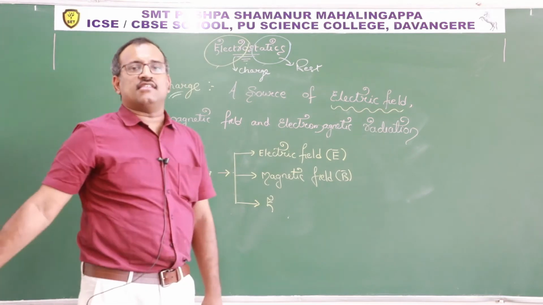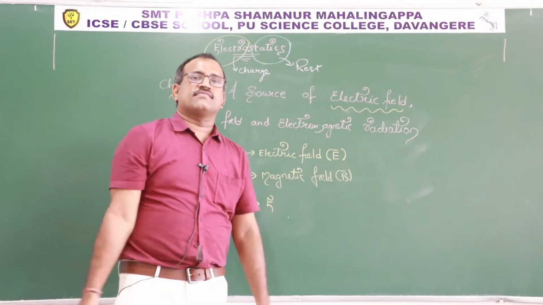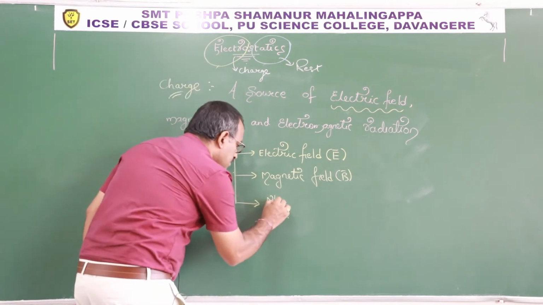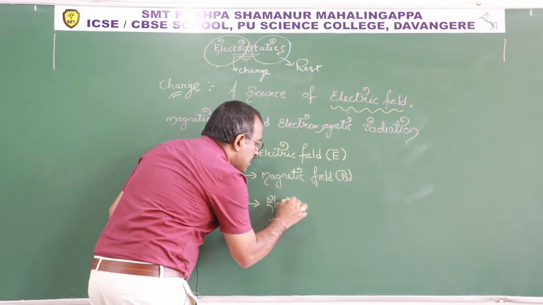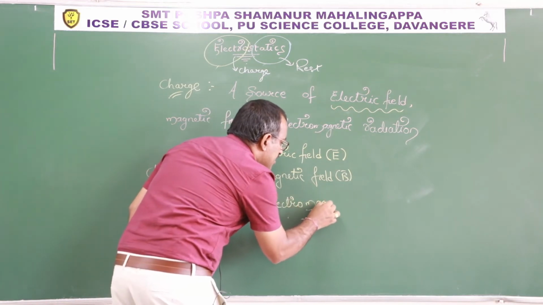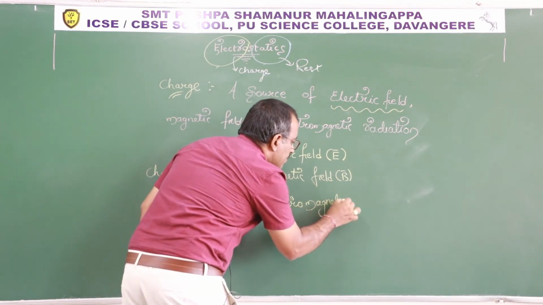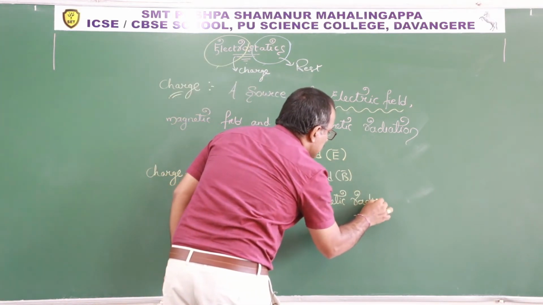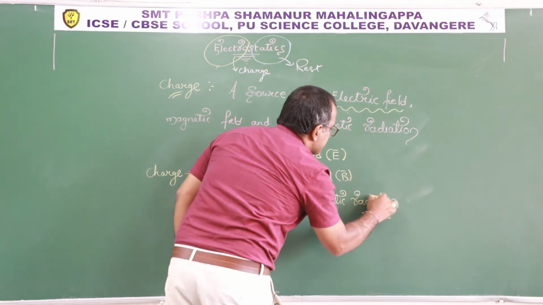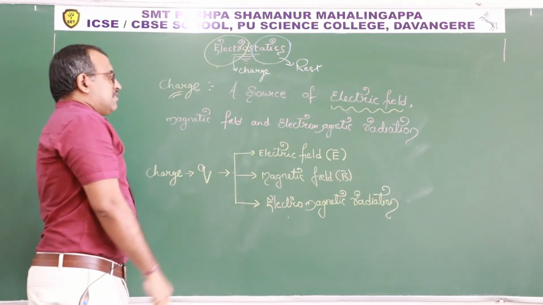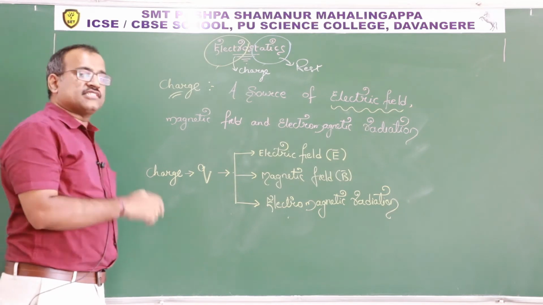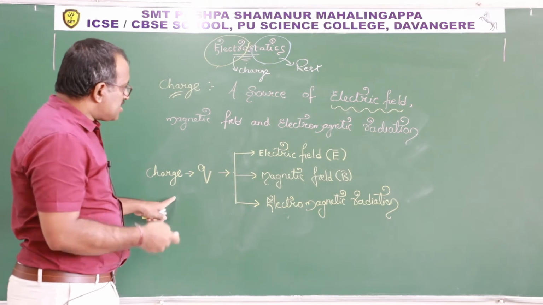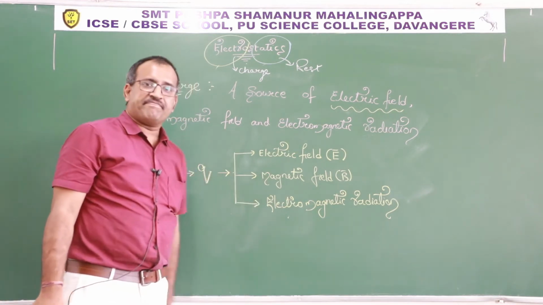Actually in your second year, first part is electricity. And this was the last chapter. Electromagnetic radiation. Now, as I discussed, charge is the source of all these three.